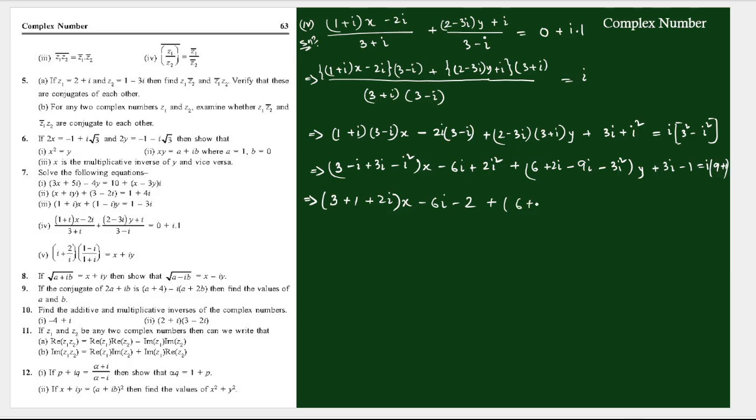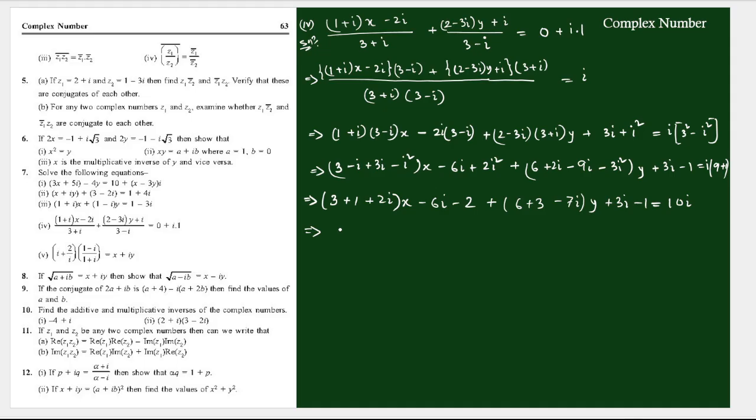So 6 plus 3. This is your 7i. 9 minus 2 is 7i plus 3i minus 1 equal to 9 plus 1 is 10. 10 into i is 10i.